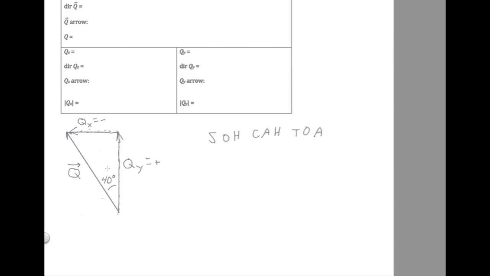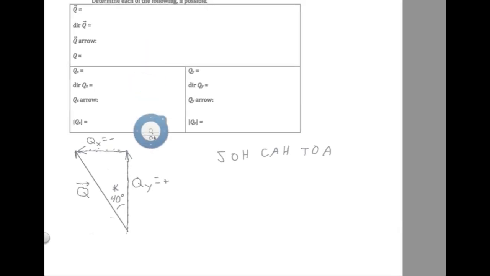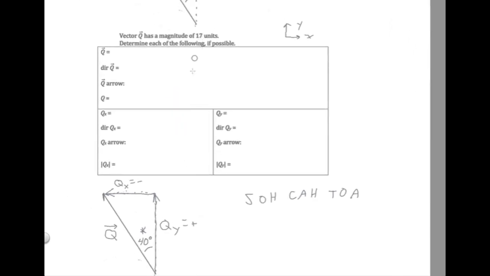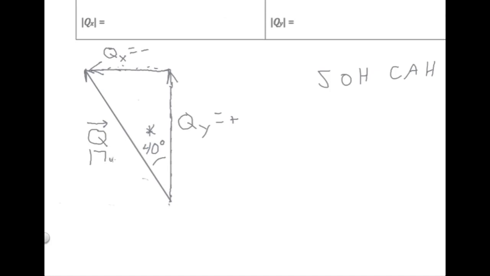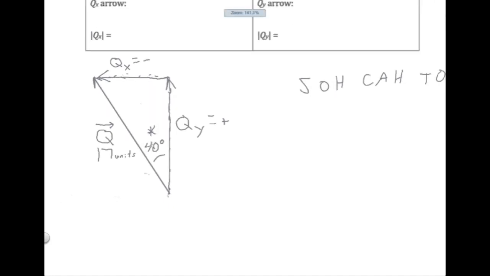Okay. Now we're focusing on the 40-degree angle rather than on the 50-degree angle. And we know that the Q here still has a magnitude of 17 units. So this length is still 17 units.